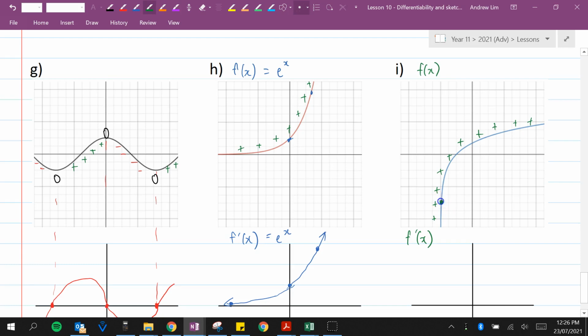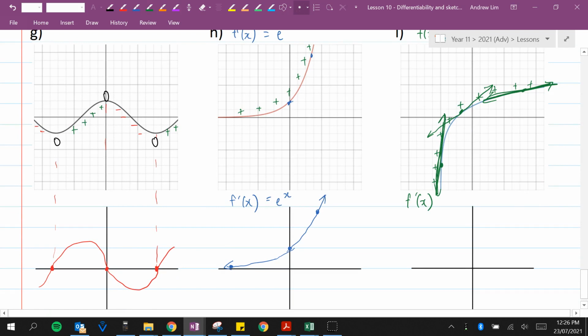So over here, at this point, it's really steep. Over here, the tangent is definitely not as steep. Over here, it's even flatter. In fact, as x approaches infinity, it looks like it's getting closer and closer to a horizontal gradient of 0.